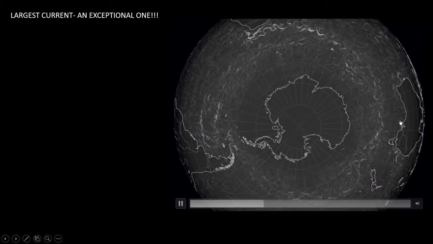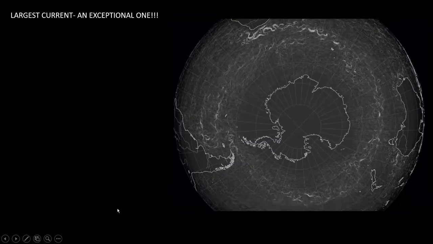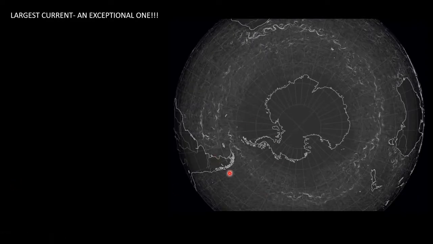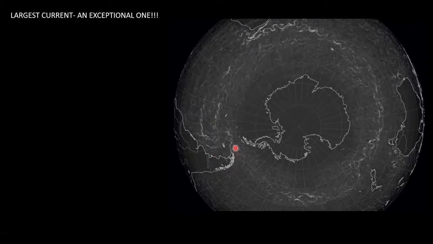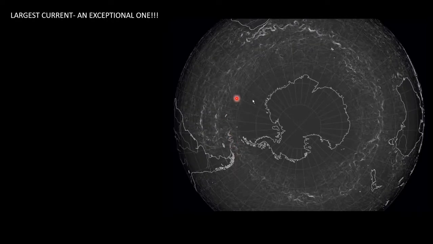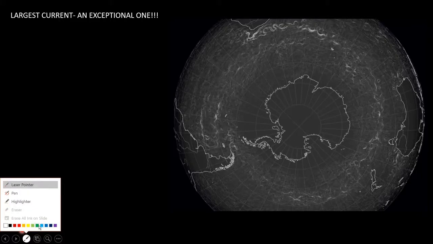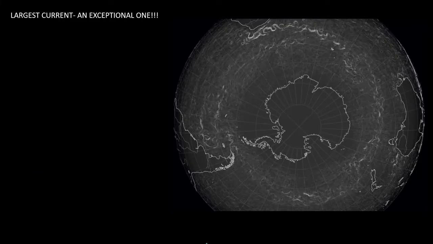If you see here carefully and you focus your direction towards these moving arrows, then you can see this is the Antarctic Circumpolar Current, the largest ocean current.